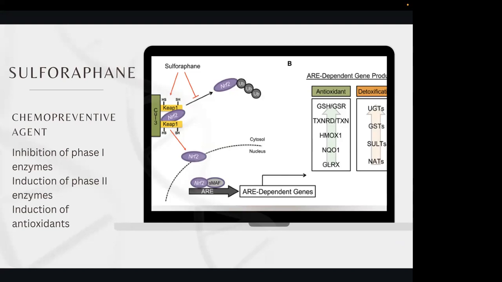And phase 2 enzymes are what convert carcinogens to inactive metabolites. So that's pretty cool. And there was a strong inverse relationship between tissue levels of these enzymes and the susceptibility to chemical carcinogenesis. So sulforaphane is really cool.